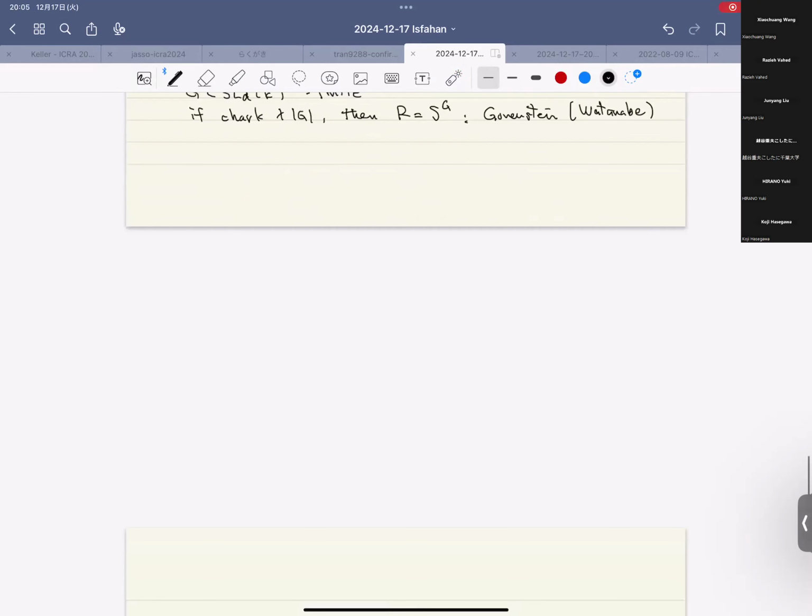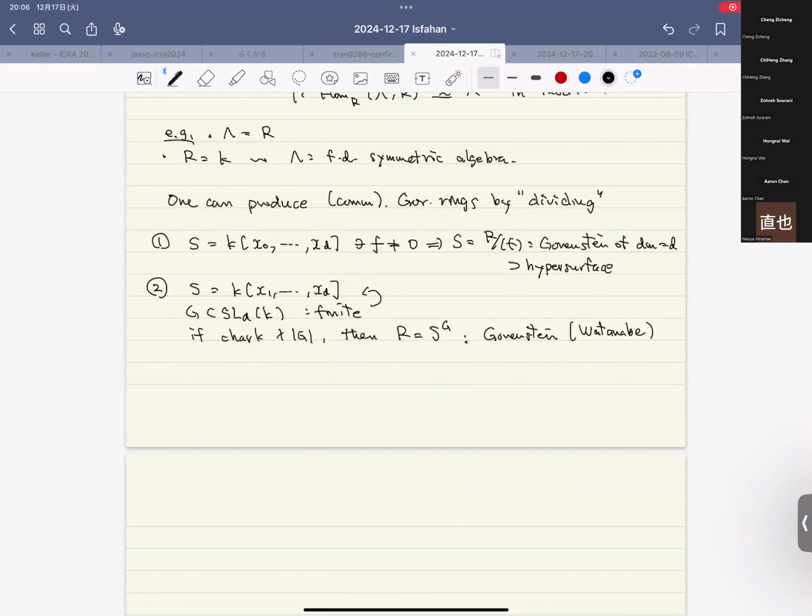We can also think about quotients not only by a finite subgroup, but by some linear algebraic group like the torus. I would like to mention some examples.